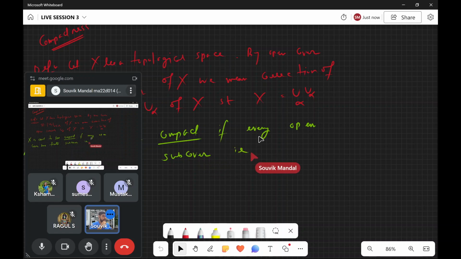That is, there exist alpha 1 to alpha n such that X is the union of U alpha 1 up to U alpha n. That means only a finite part of the alphas is needed. So this is the definition.